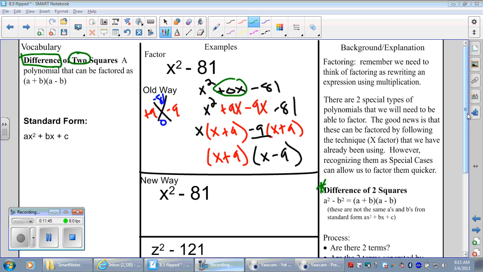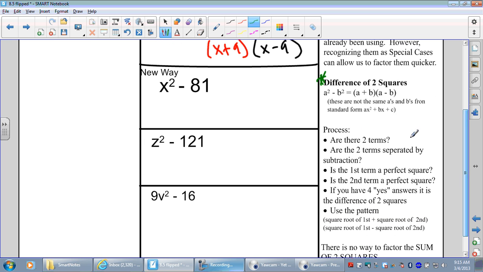Now, here's the way we consider these. Are there two terms? Again, remember, 4 terms was an indicator that we should be doing factoring by grouping. 3 terms was an indicator that we should be either doing the x factor or recognizing it as a perfect square trinomial. Now we're dealing with 2 terms. Well, the first thing I notice when there are 2 terms is, is there a subtraction symbol between them?